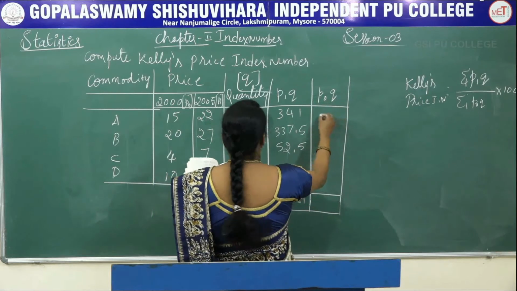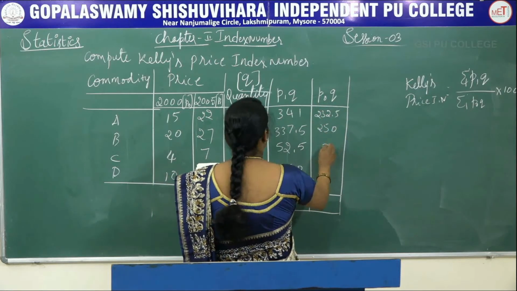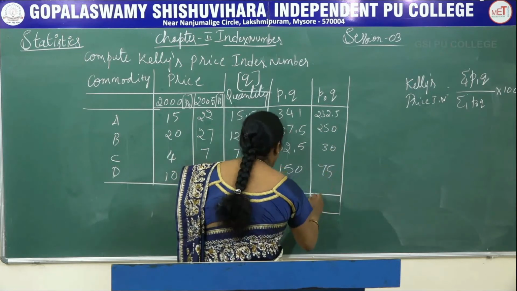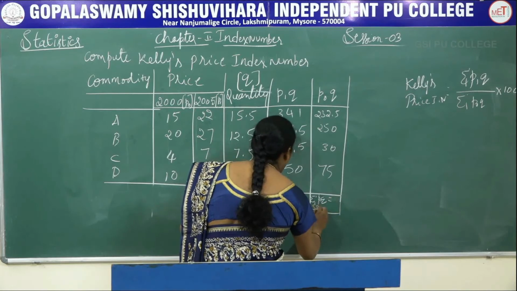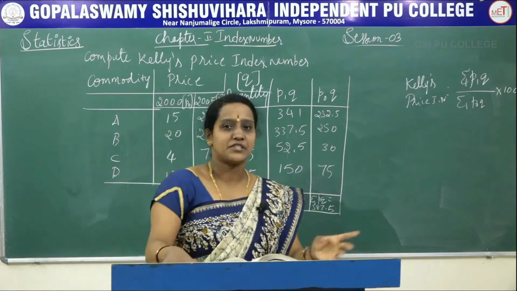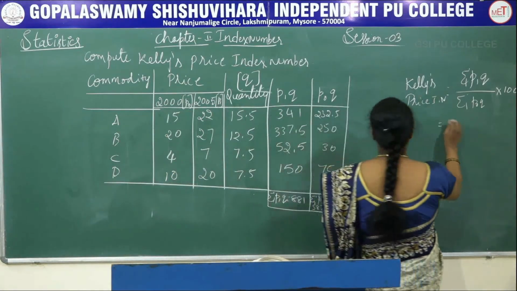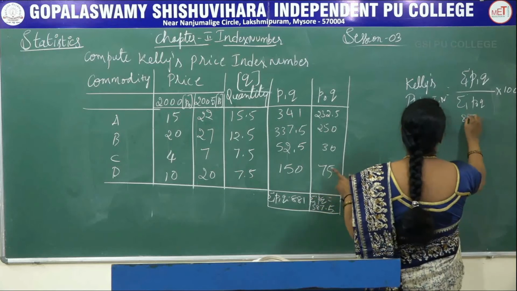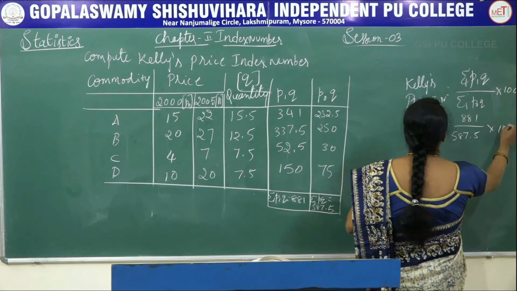For P0Q it is 232.5, 250, 30 and 75, and this summation of P0Q is 587.5. Next, we have to substitute these two values in the formula. That is, 881 divided by 587.5 into 100.